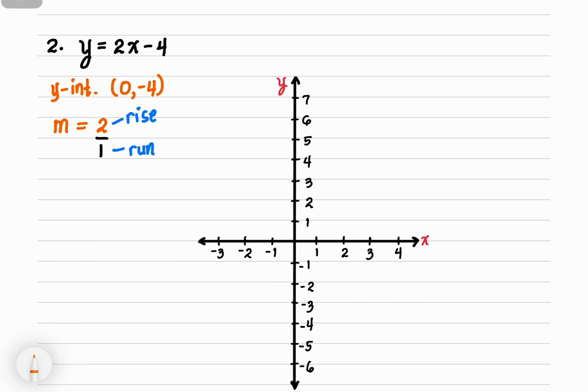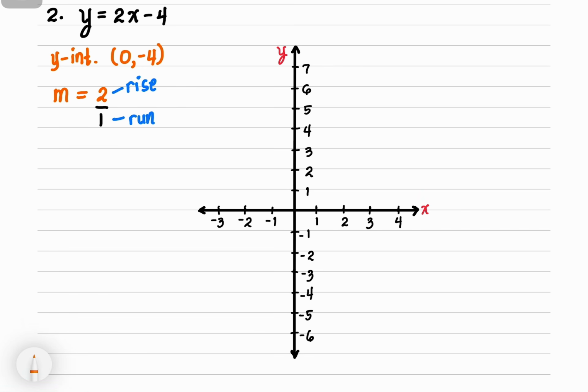So, first, plot the y-intercept. Actually, the second step na, no? Kasi nga, yung ating step 1 ay naka-y form naman na siya, no? Okay. 0, negative 4. Nandito yan along the negative y-axis. 0, negative 4. Ito siya. And then, from that point, yan yung maging reference natin, mag-rise tayo ng 2 beses. From this point, no? 1, 2.